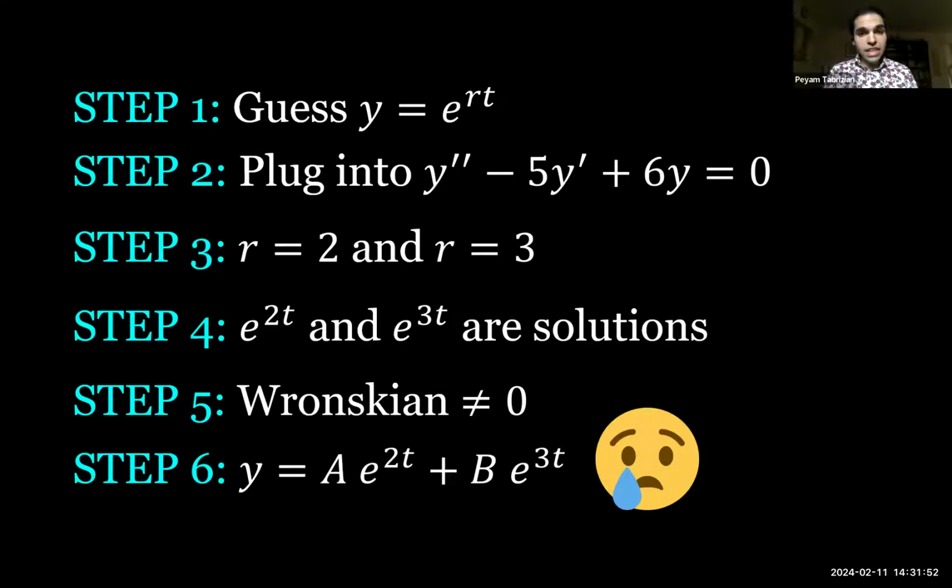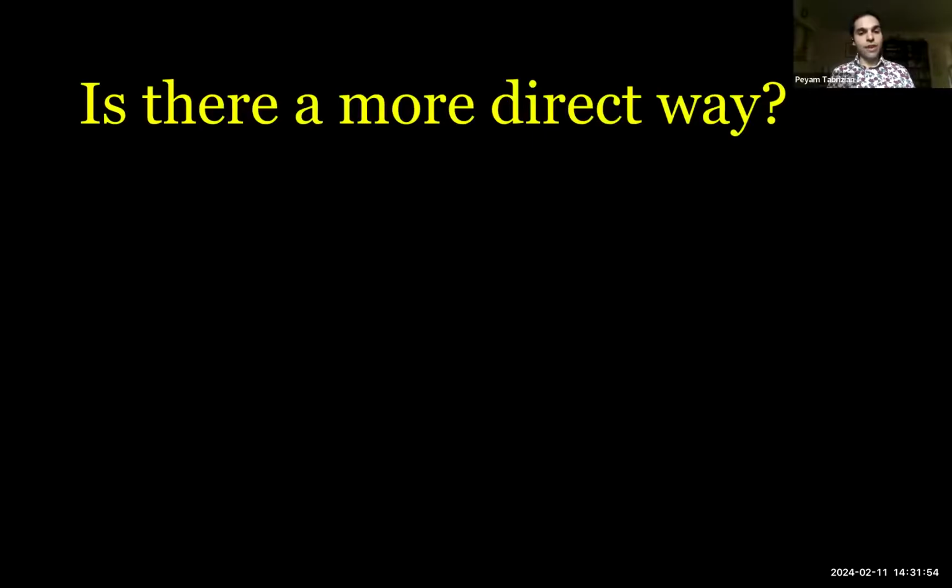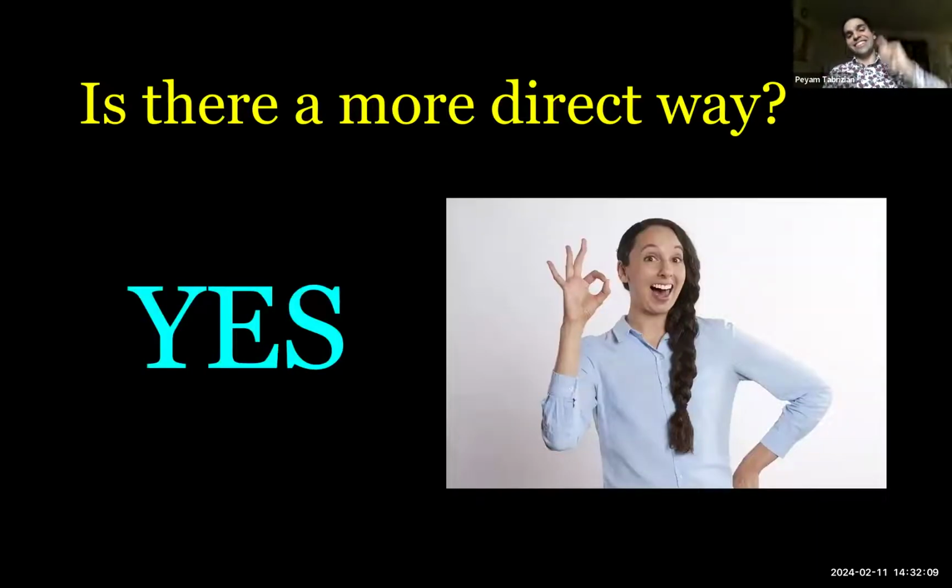And the question is, is there a more direct way? Is there a way to go from the differential equation y double prime minus 5y prime plus 6y equals 0 to a e to the 2t plus b e to the 3t? And the good news is, yes, there is. And this is the one I want to talk about today.